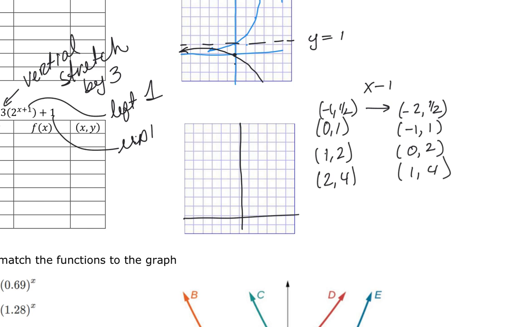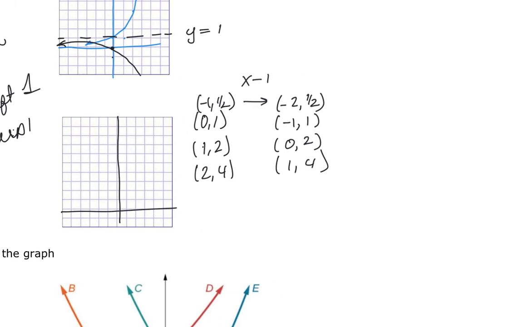Now I'm going to do the multiplication by 3. So I'm going to take all my y's and multiply by 3. So negative 2 didn't change, negative 1 doesn't change, 0 doesn't change, 1 doesn't change. This becomes 3 over 2. This becomes 3. This becomes 6. And this becomes 12.